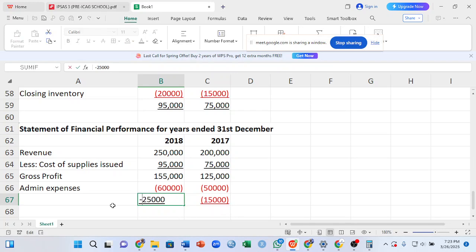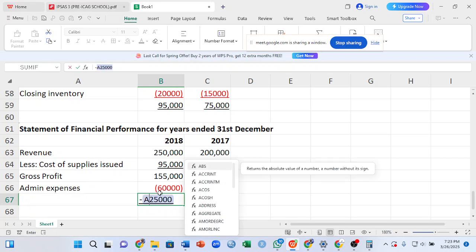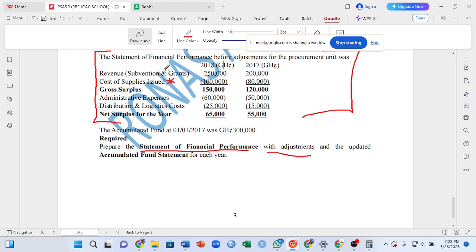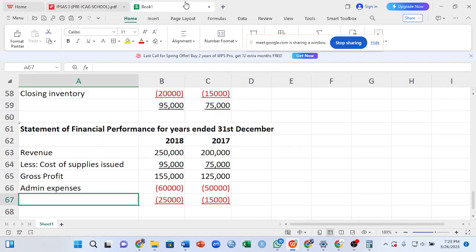Then the name was distribution and logistics. So we'll calculate that.